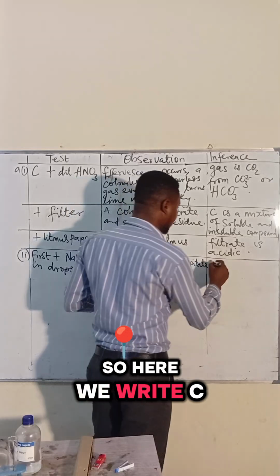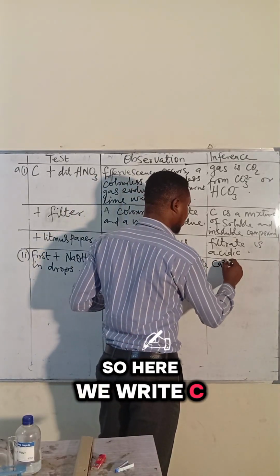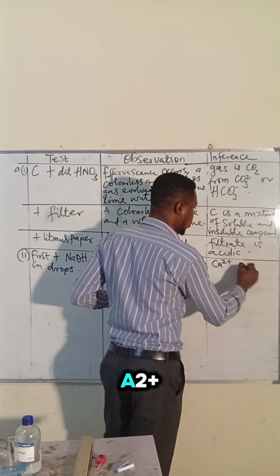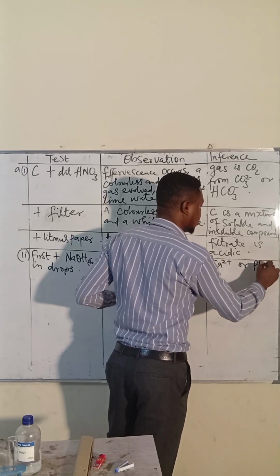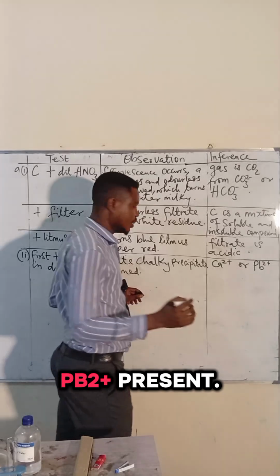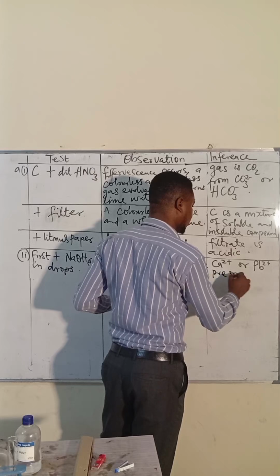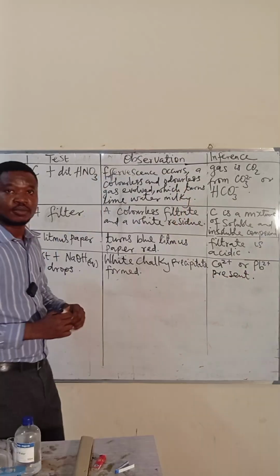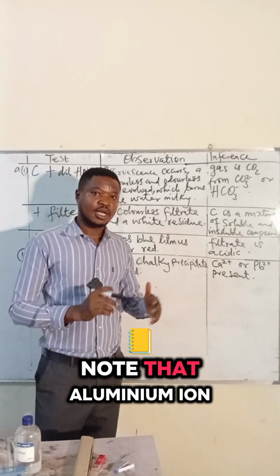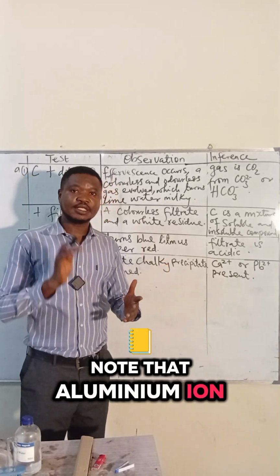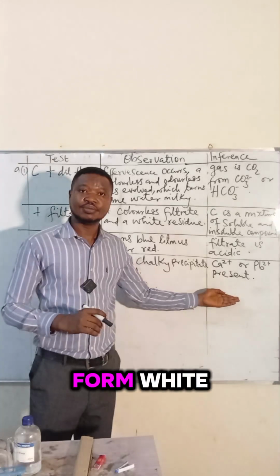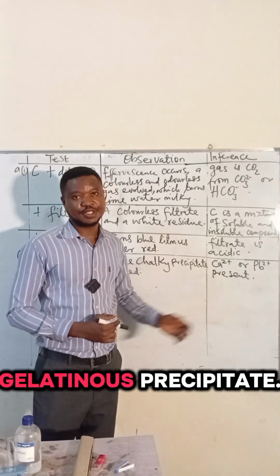So here we write Ca2 plus or lead 2 plus present. Note that aluminium ion and zinc ion would rather form white gelatinous precipitate.